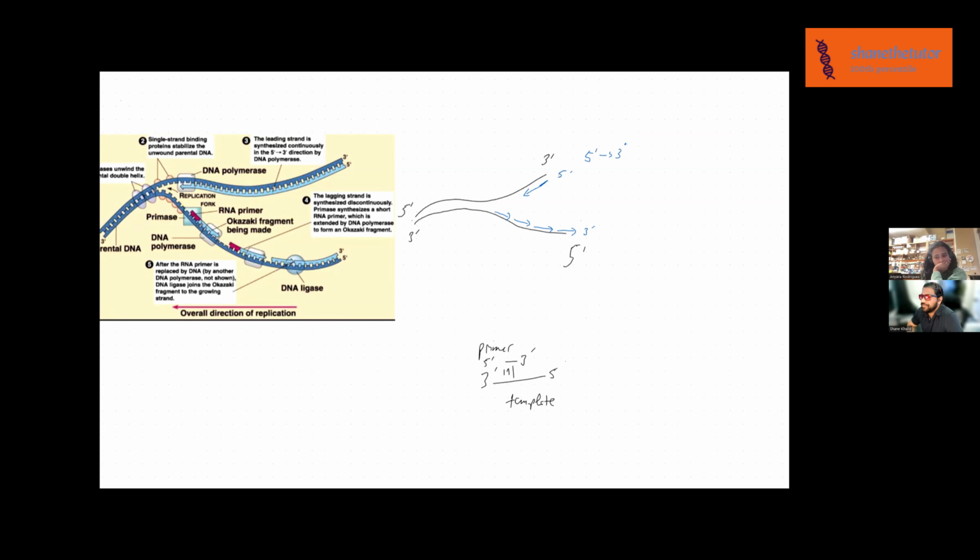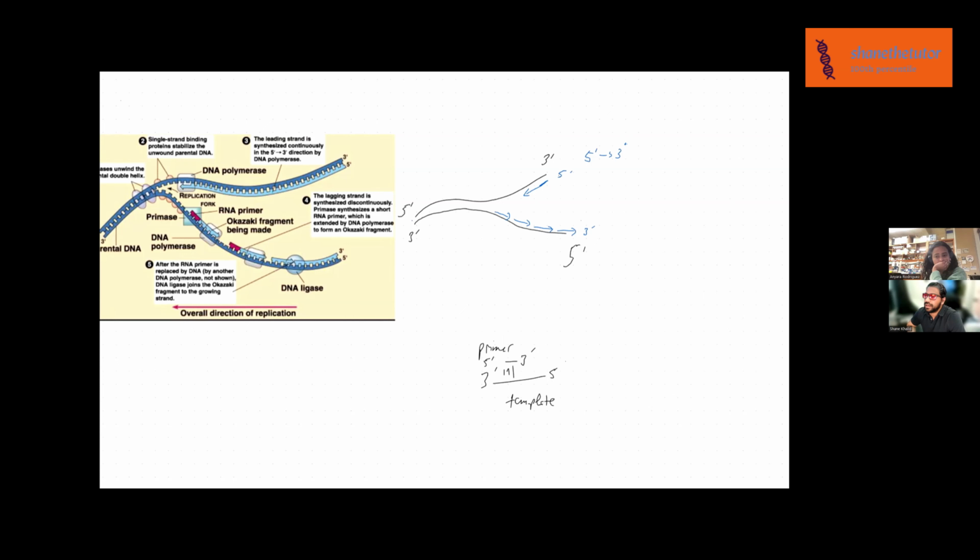So essentially, you're going to have, like in the leading strand, I mean, they didn't really write it, but you can have one primer, but for the lagging strand, that has to be in that 5-3 direction. You have to go in the opposite direction from the replication fork.